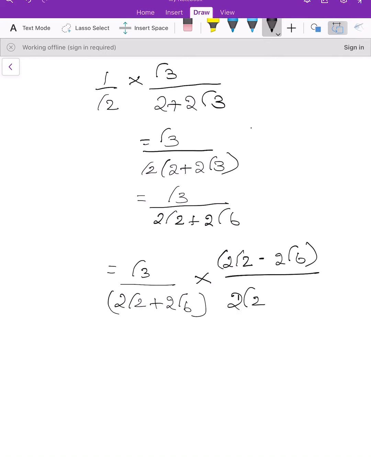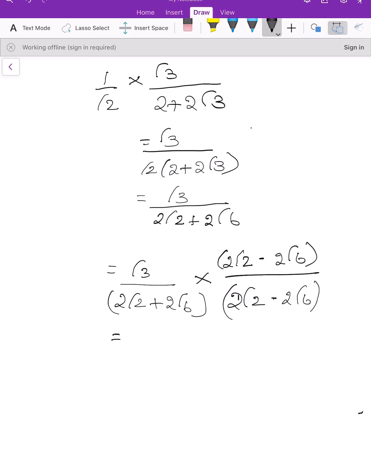This is called conjugating: multiplying and dividing by the same number with the sign changed in between. We are doing this to remove the root from the denominator.